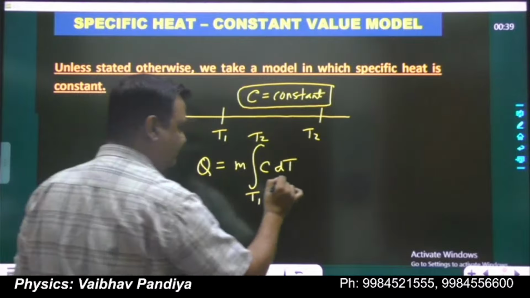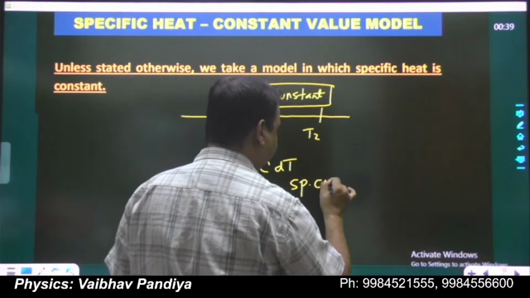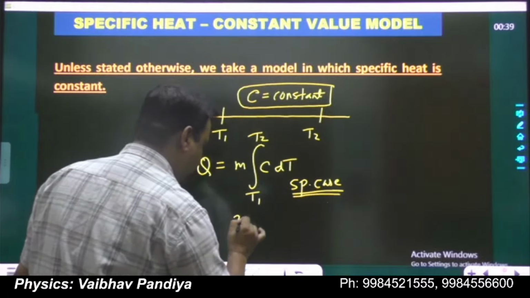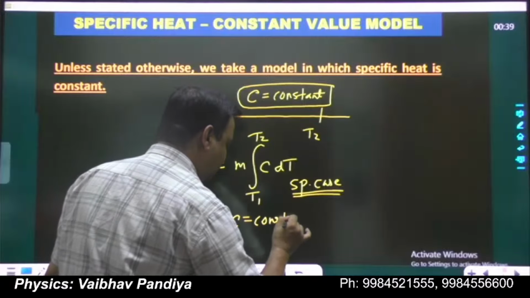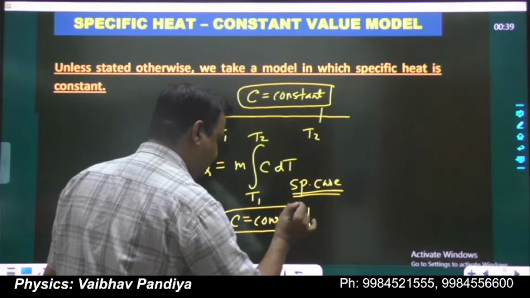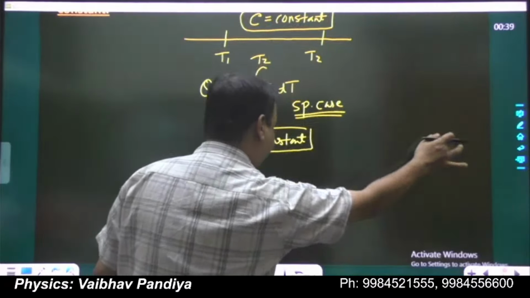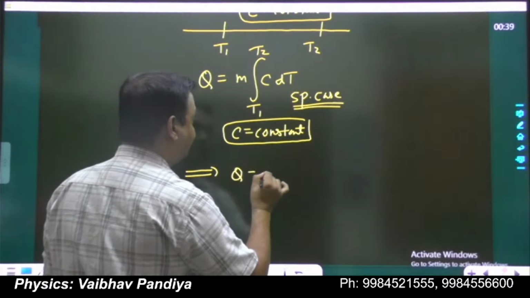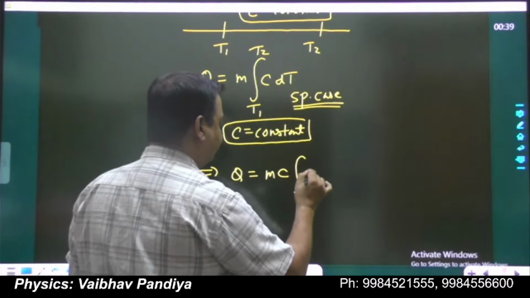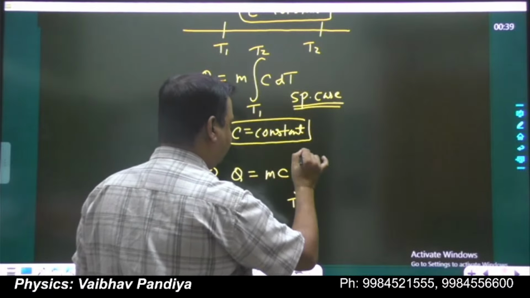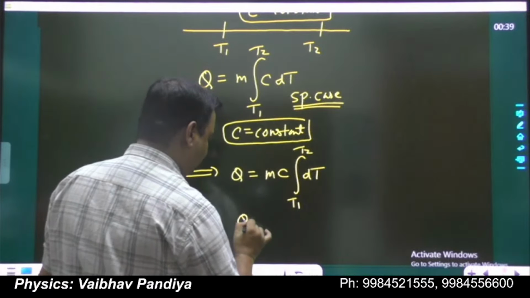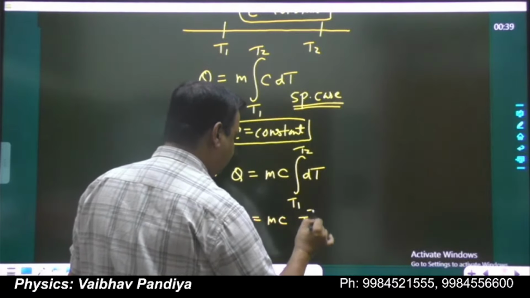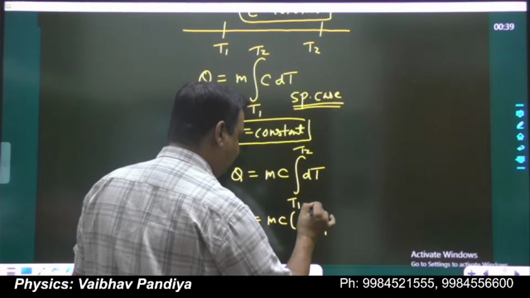So we will start with this thing where we have seen. Now, in this special case, C is constant. We are taking a model in which C is constant. So what you will have, Q will come to be M, now C will come out, and you will have dT from T1 to T2. So Q will come to be MC times T from T1 to T2.